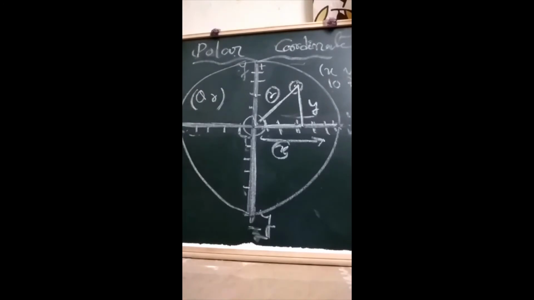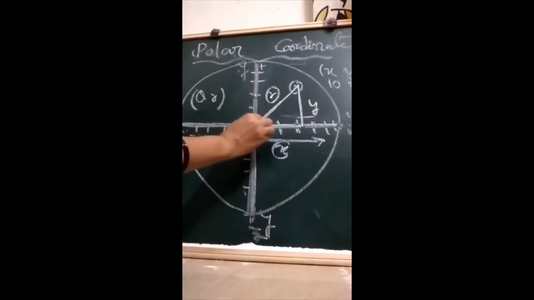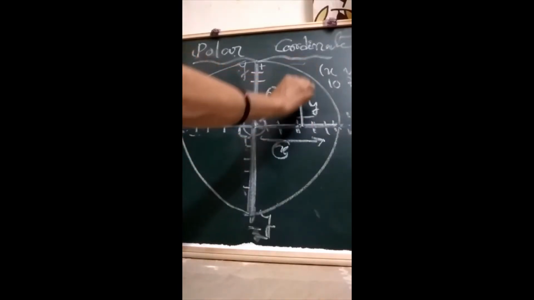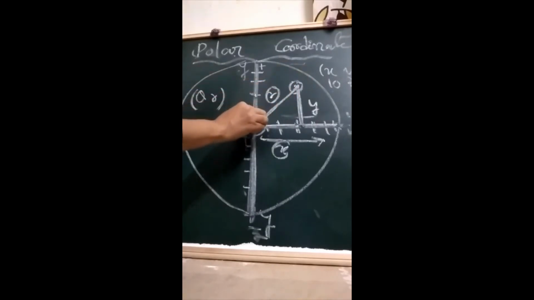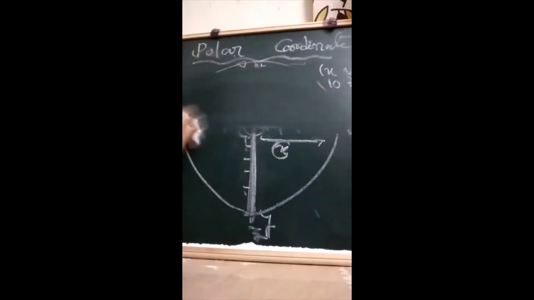You know this is basic mathematics, the Pythagorean theorem. Suppose this is the base, this is the opposite and this is the hypotenuse. In lower classes you learned this Pythagorean formula.